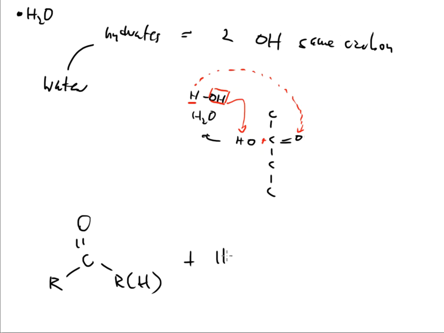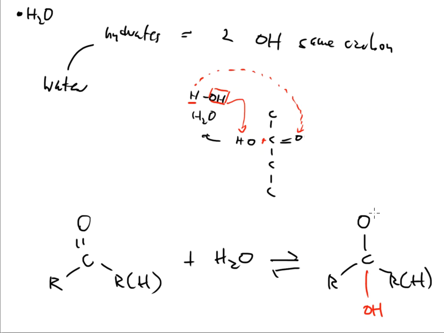We are going to react this with water, and what we end up with as a product is a carbon. Here is the R group. Here is the R group or the hydrogen. So this oxygen comes in for the kill. Blink! There it goes. That's where the nucleophile goes. And then this carbon says, oh no, I've got too many bonds. You're going to have to take one of them, oxygen.